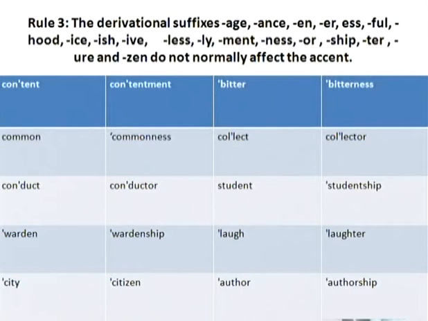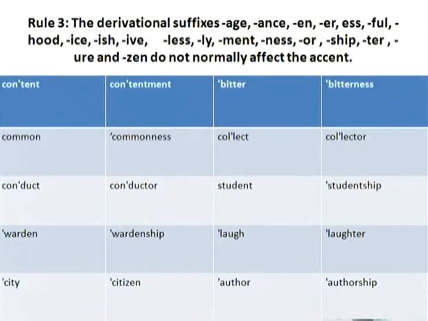He or she was bitter about life. That means when you're not happy about something. Yes, he had a bitter relationship. He had bitter memories of that trip. So bitter, bitterness. Common, commonness.